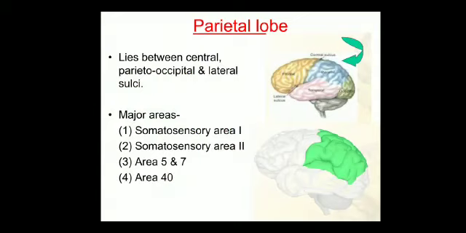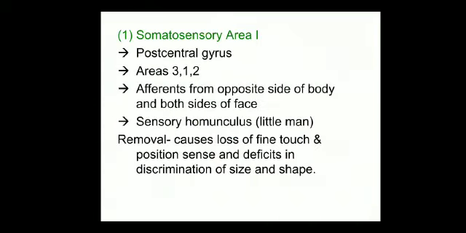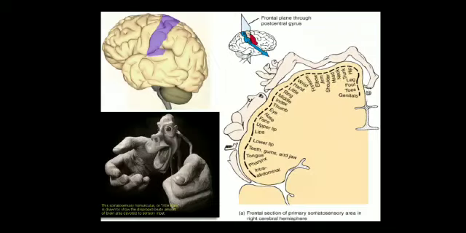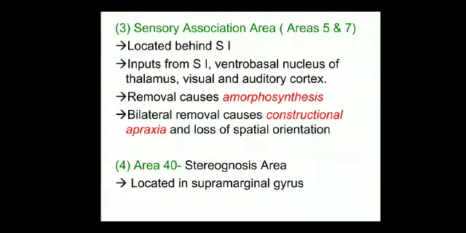So area 5 is present behind the somatosensory area 1. Area 5 and 7 are posterior to the somatosensory 1, and this contains the neurons which react to the passive or active rotation of a joint.